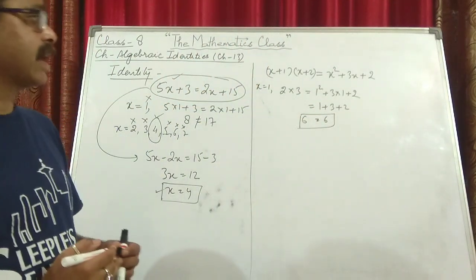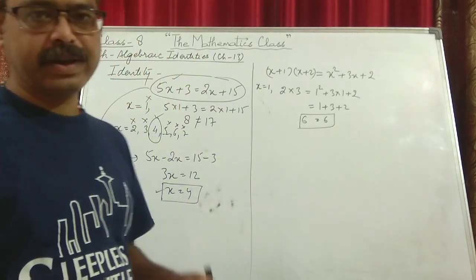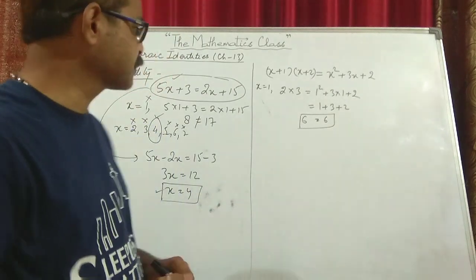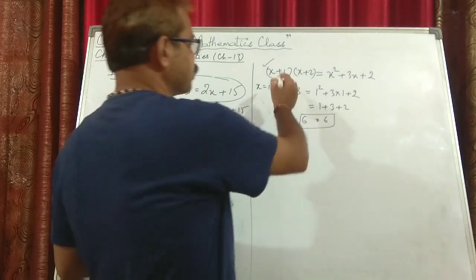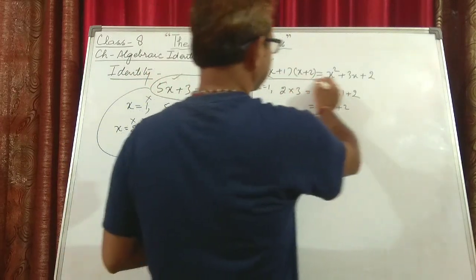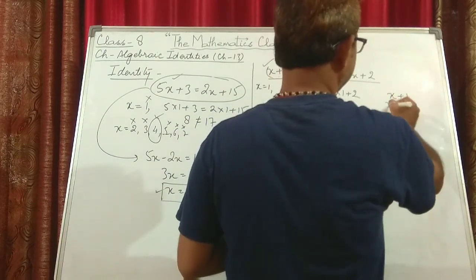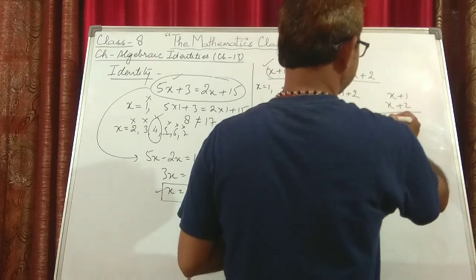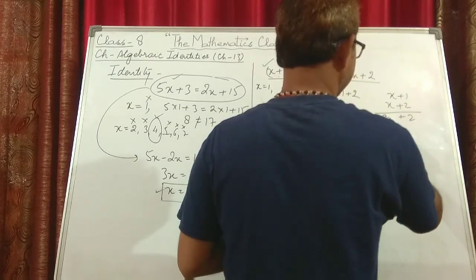So what is an identity? An identity is an expression in which all the values of the variable are satisfied. Now this equation is an identity. Why? Because you can take any value of x. How did we get this? We simply multiplied x plus 1 into x plus 2. 2 ones are 2, 2 into x is 2x, x into 1 is x and x into x is x square.